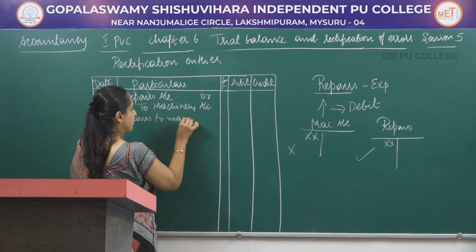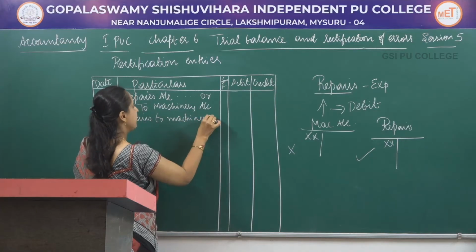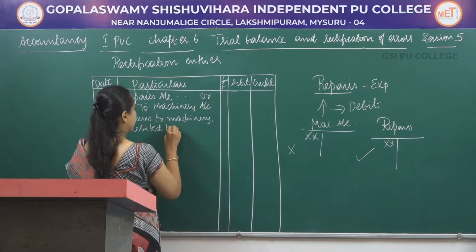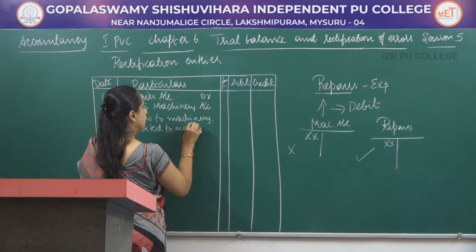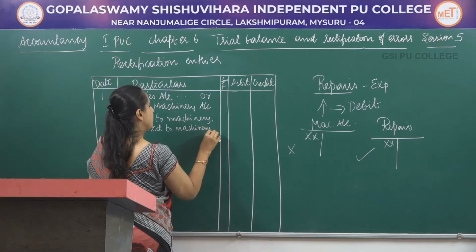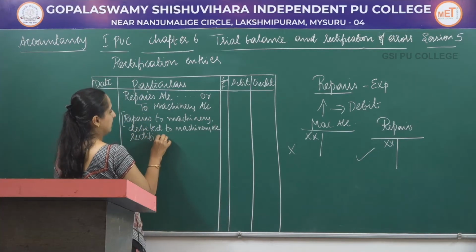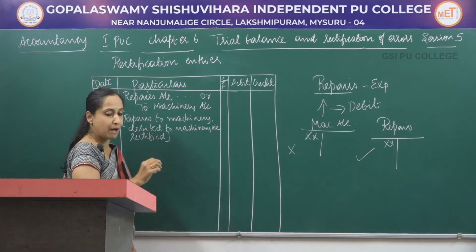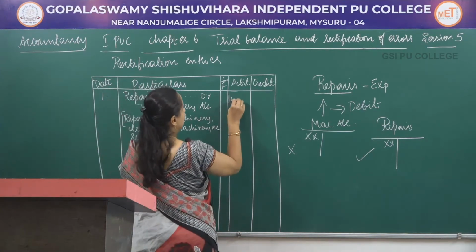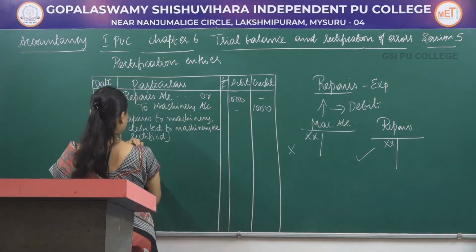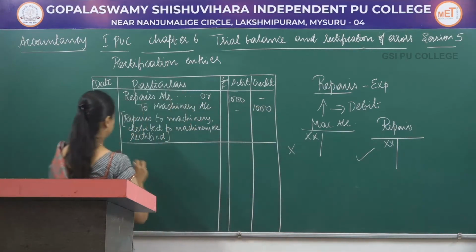Repairs to machinery debited to machinery account, rectified. Here the amount is 1000 and 1000. So this is the first one.